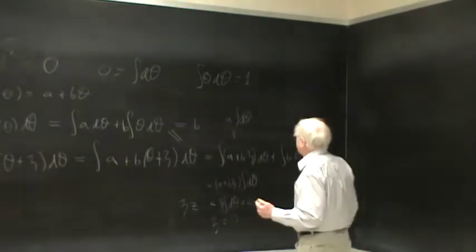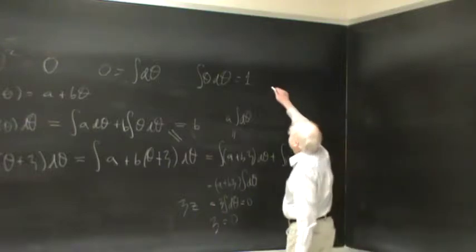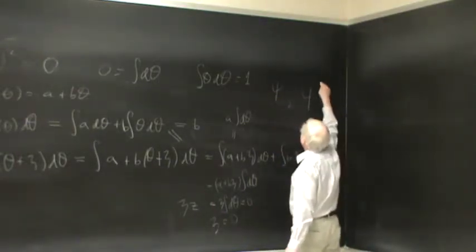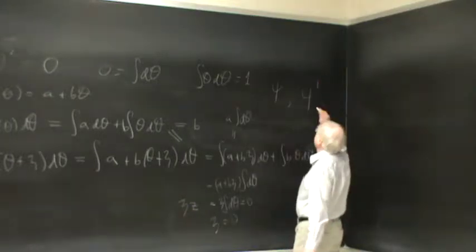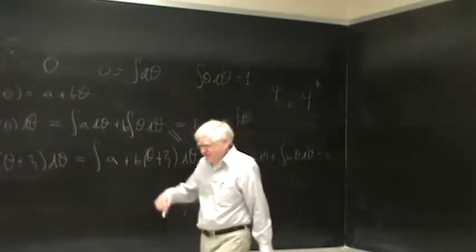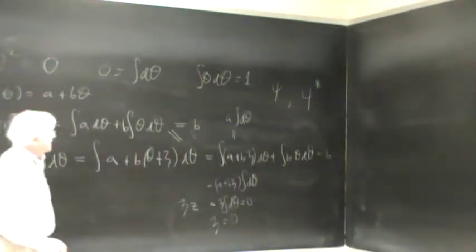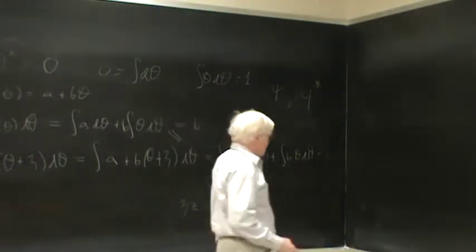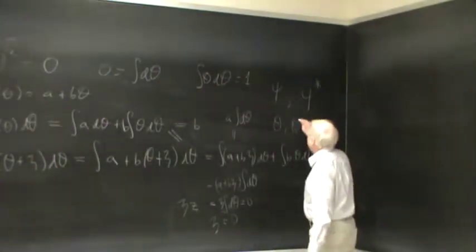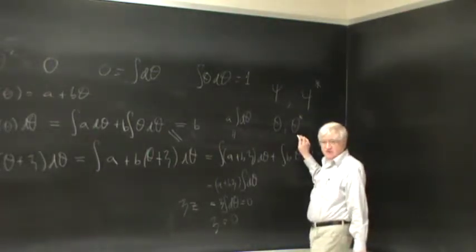we think of having a fermion field psi and a fermion field psi dagger, or if you want psi star. So if we're thinking that the fermion operators are complex, then it's natural to say, well, let us have theta and theta star, let's have these independent variables.